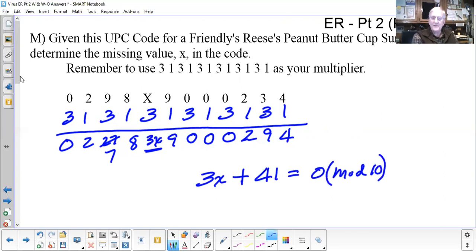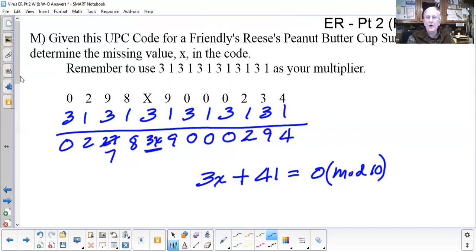Now, what do I ask myself now? Well, what must 3 times x end in so that 41, when it's added to the result of 3 times x, becomes a 0 on the end?